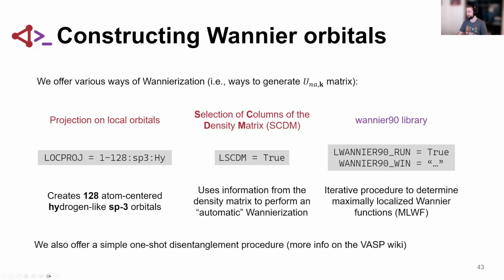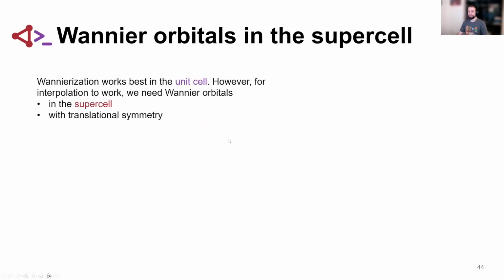We offer some information on this on our VASP wiki, so there's a nice how-to page where most of these things are discussed in much more detail. And there's also a so-called disentanglement procedure. I don't have the time now to go into this. Like I said, this is really more meant as a sneak peek of a future feature that will make it into VASP very soon. But you can read up on all of this already on the wiki.